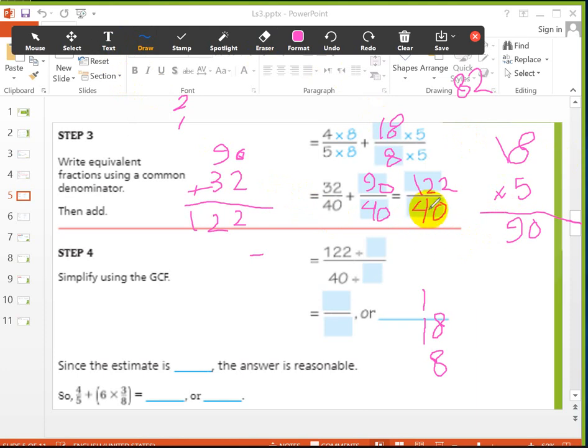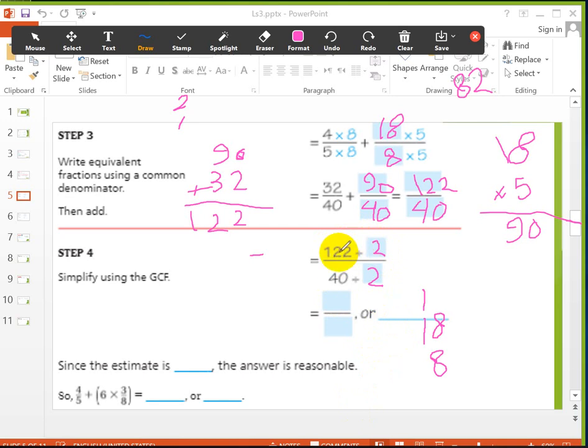What is the greatest common factor for 122 and 40? The greatest common factor, or the largest number that I can divide the numerator and denominator by, will be 2.